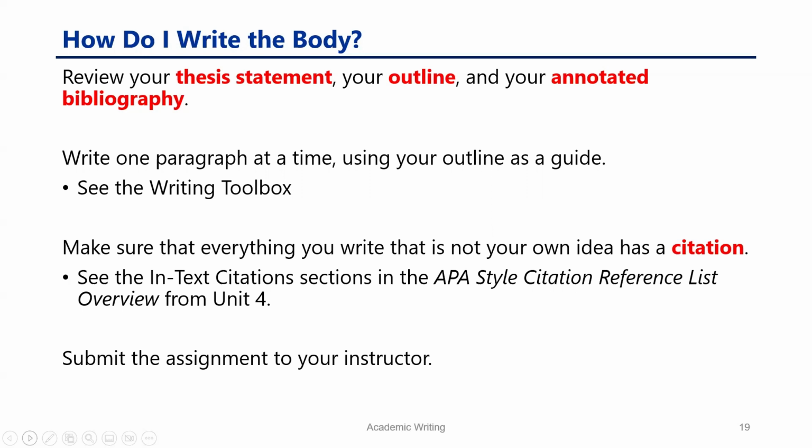Also remember that you can write those paragraphs in any order. Make sure that everything you write that is not your own idea has a citation. And there's help for doing that in the APA style citation reference list overview from Unit 4.